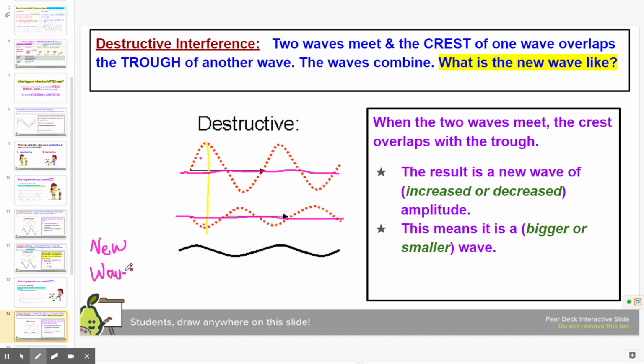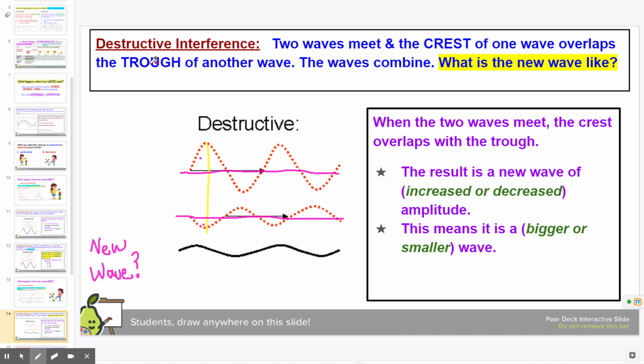Well, we can determine what our new wave's amplitude is and what it's like by thinking what happens. Well, destructive.